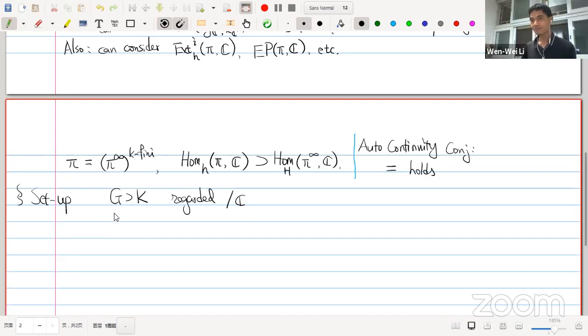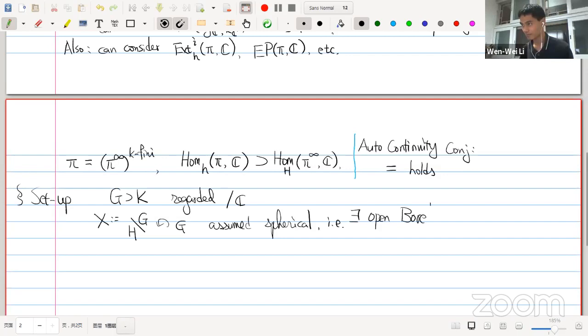And I consider the homogeneous space G over H. Let's assume this to be spherical. That means there exists an open Borel orbit. This is usually called absolutely spherical because now I'm working over C.